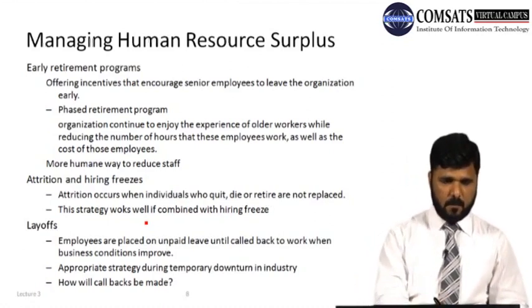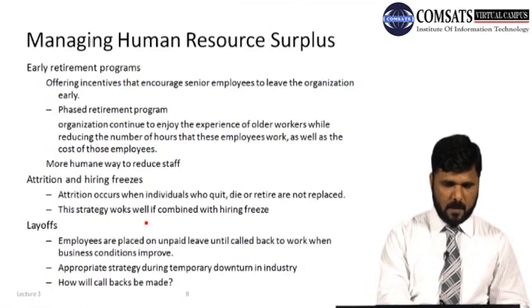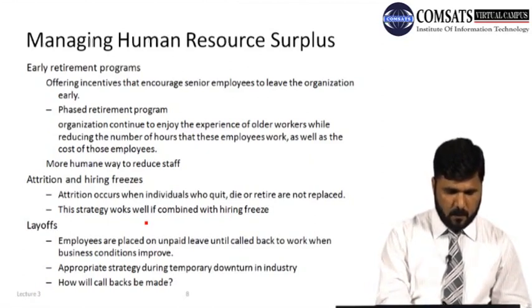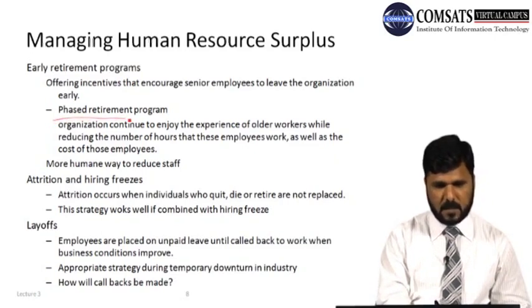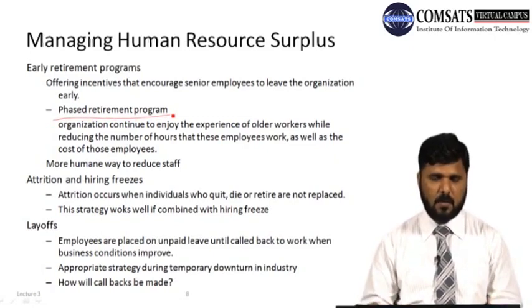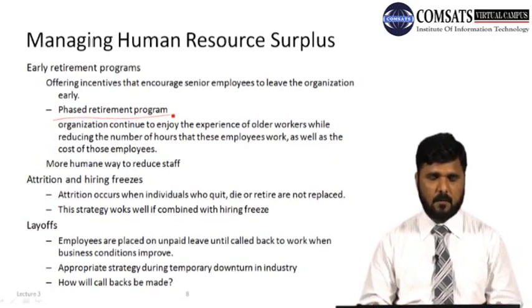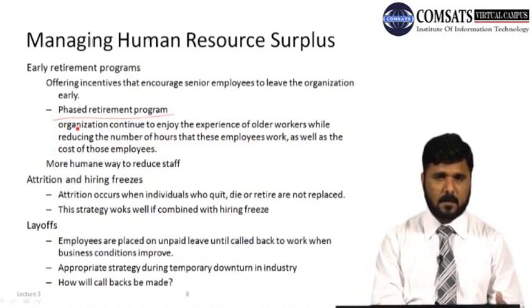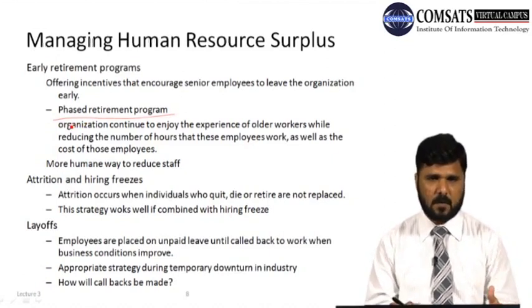Different organizations may also opt for an approach called the phased retirement program. Instead of an abrupt shock, in terms of early full retirement, the organization may go for a phased retirement program.